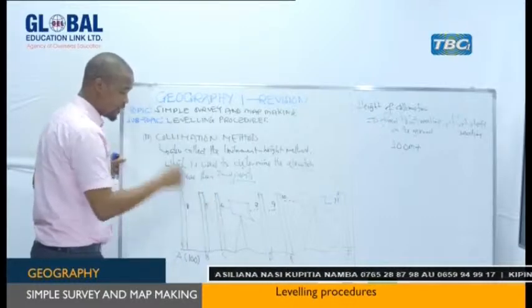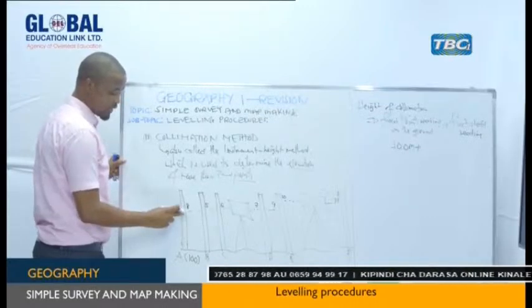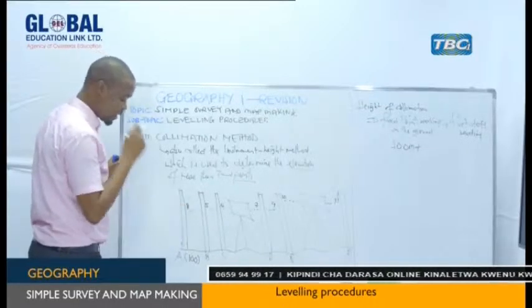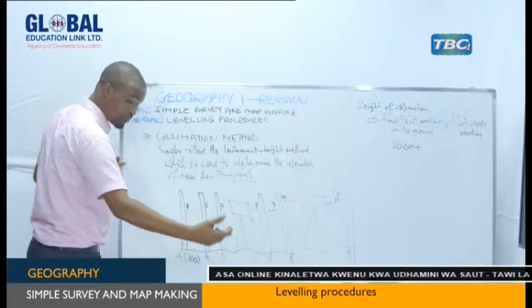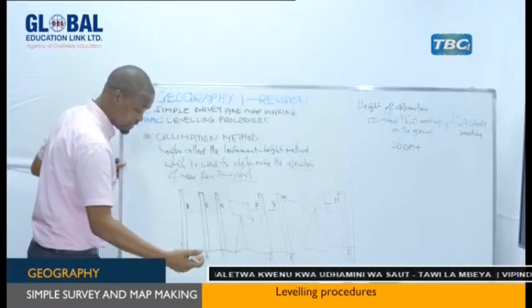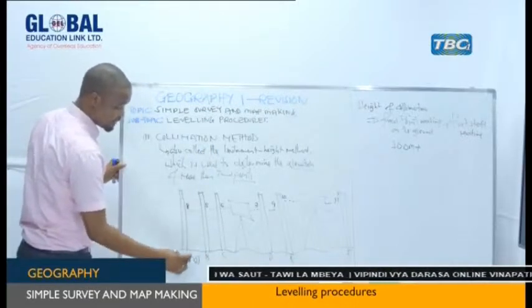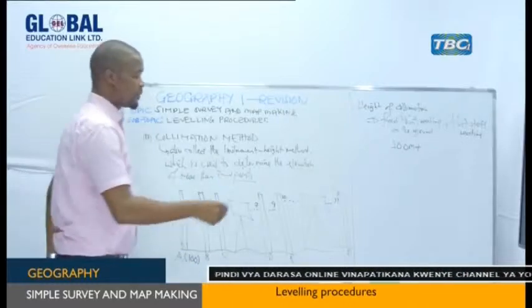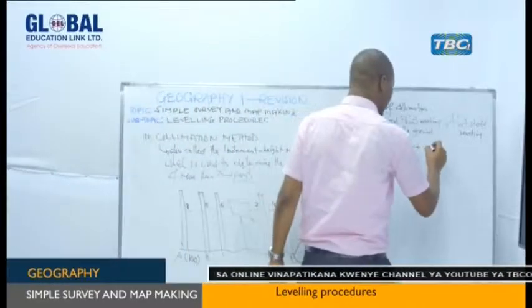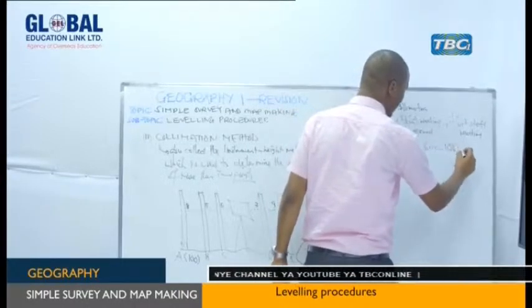So right here, we take the first staff reading, which is at point A. It reads 8 meters from the ground. So to get the height of collimation, you take the staff reading plus the fixed point reading on the ground. So you take 100 plus 80 meters, plus 88 meters. Then you get 180 meters.